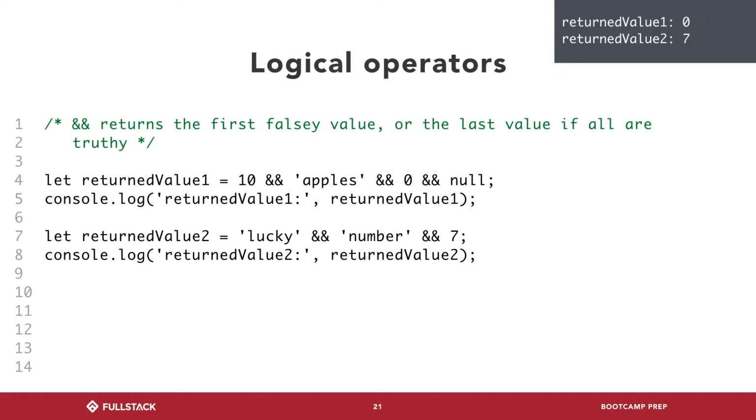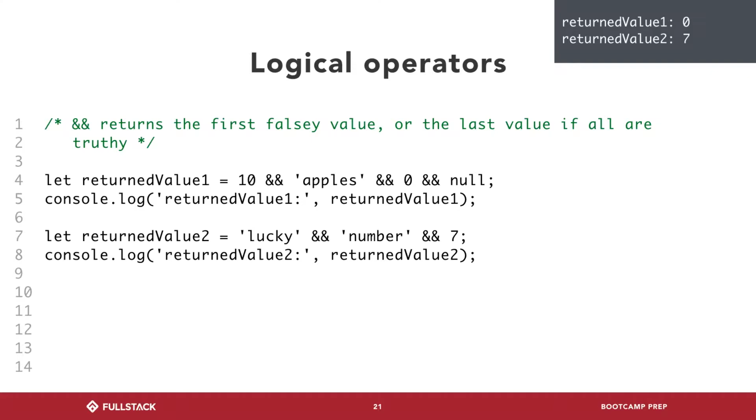Logical operators operate in a very similar way. And will either return the first falsy value, or it will return the last value if everything is truthy. If I look at this example on line 4, the return value is a chain of these things: 10 and apples and 0 and null. Well, 10 is truthy, so we keep moving.